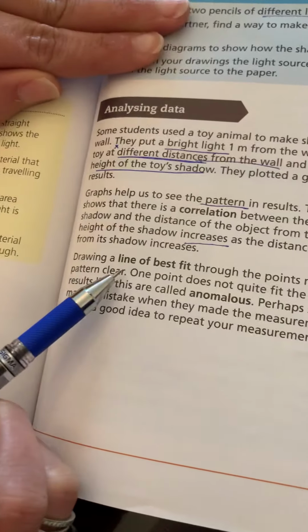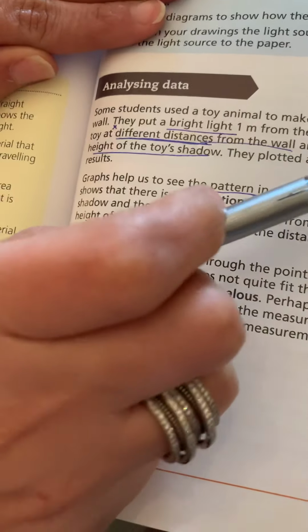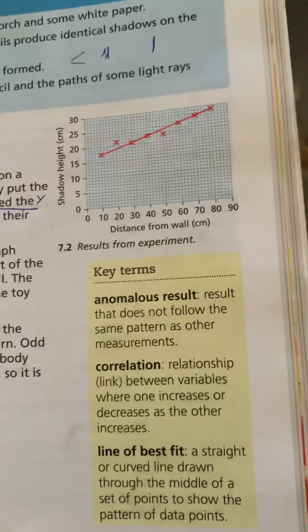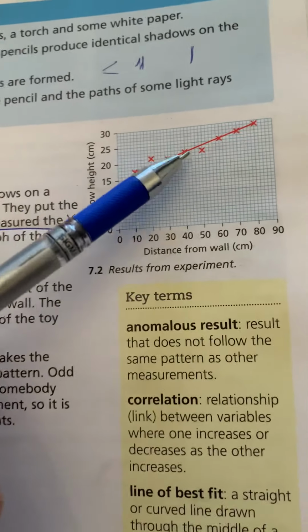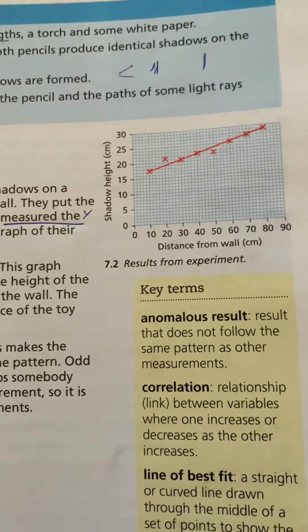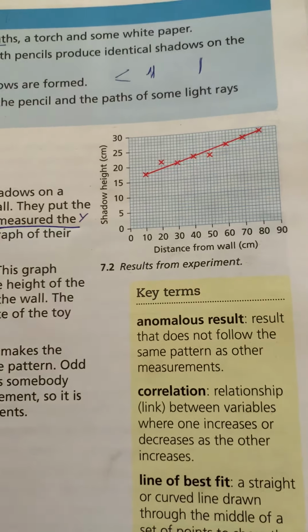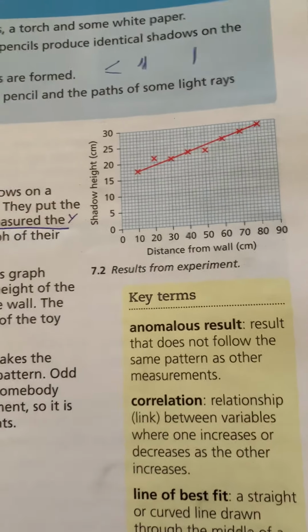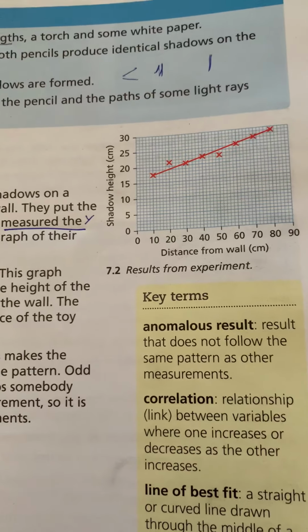Now let's go here. So first we label the axes. Then we plot the data as small x's. Now we have to draw a best fit line. What is the best fit line? If you look at these small x's, you will not be able to join them in one line. You will not be able to draw one line to join them.